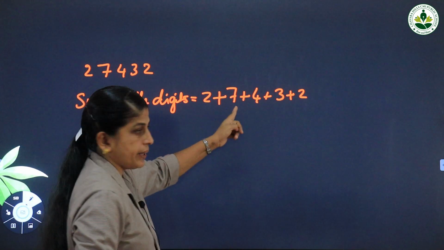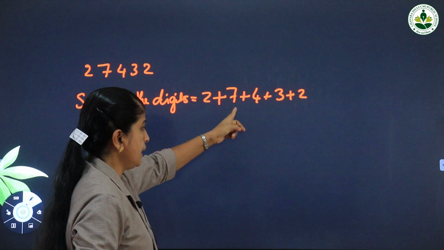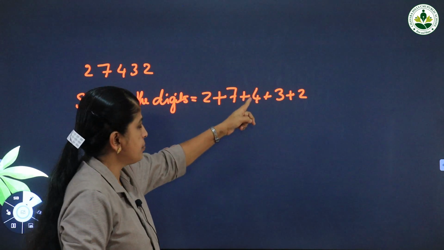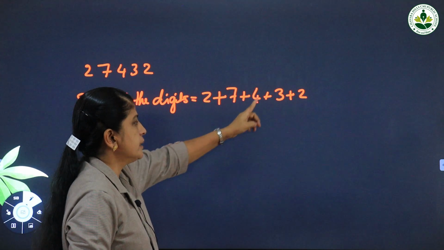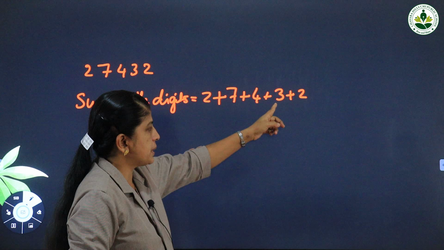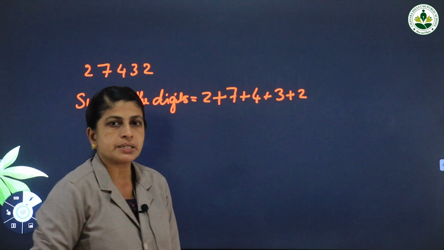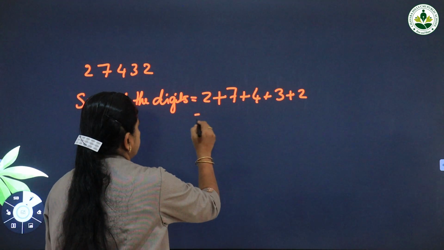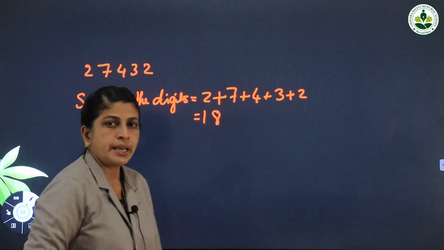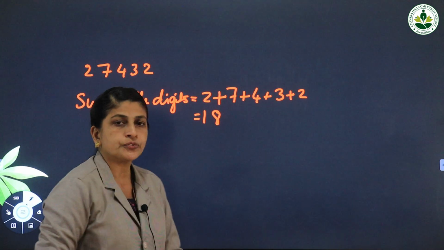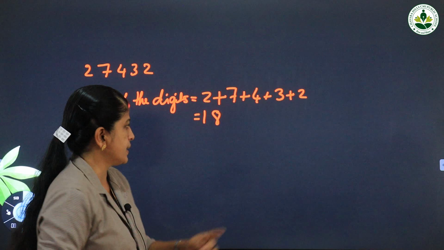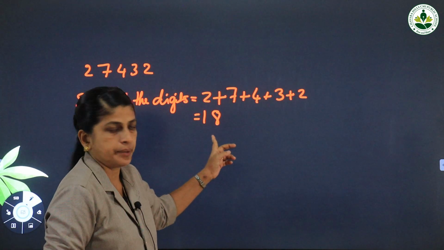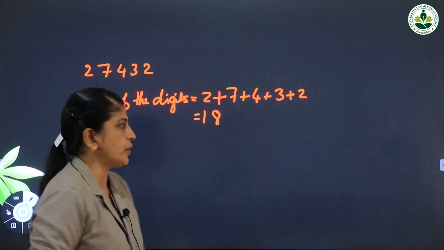Then 2 plus 7 is 9. 9 plus 4 is 13. 13 plus 3 is 16. 16 plus 2 is 18. Then 18 is a multiple of 3. 3 6's are 18. That means 18 is a multiple of 3.